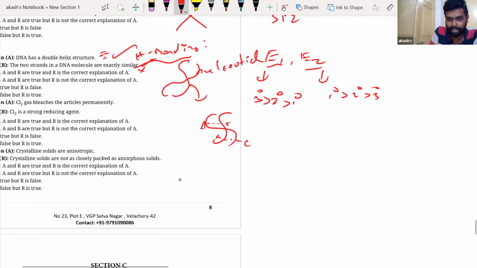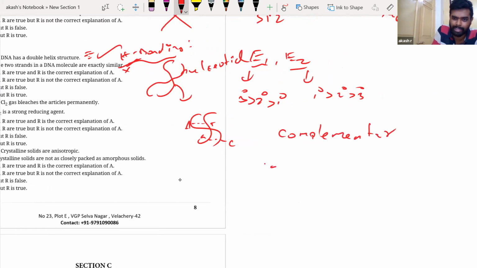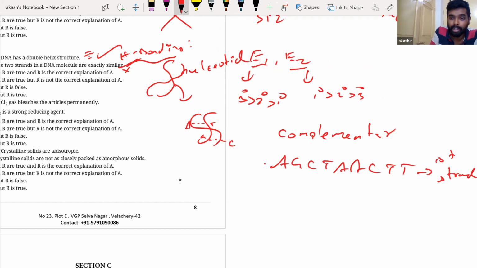That means, for example, there is one strand like A, G, C, T, A, T, T. I'm talking about the bases: adenine, guanine, cytosine, thymine. This is the first strand, or first helix. For me to form the double helix, I need hydrogen bonding.